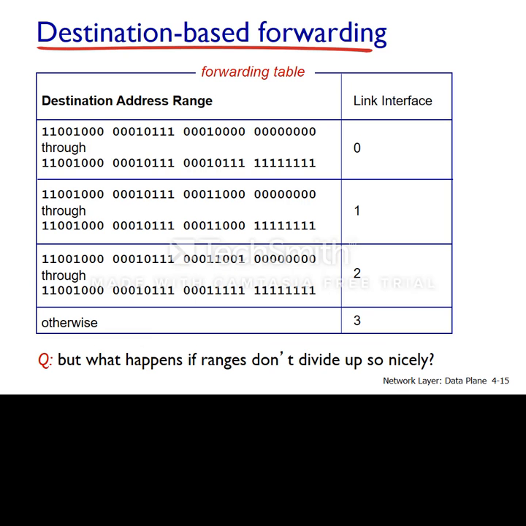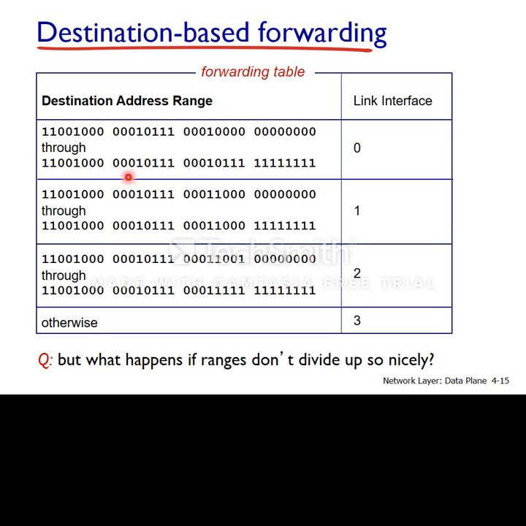So let's talk a little bit about destination-based forwarding. These are IP version 4 addresses. IP version 4 addresses are 32 bits long. Typically, each of these is considered an octet, just 8 bits.